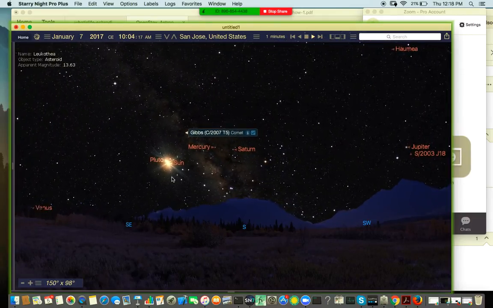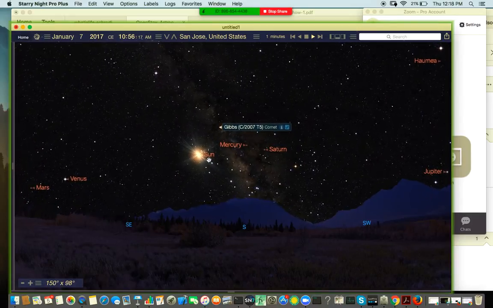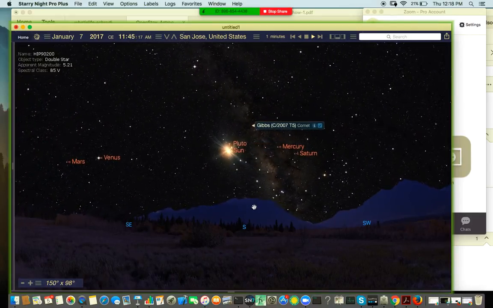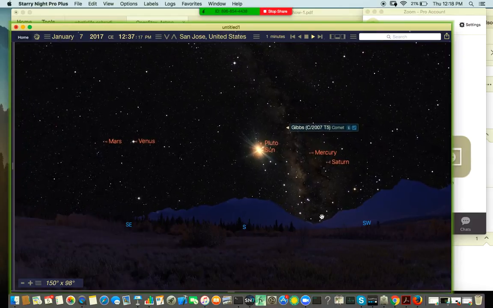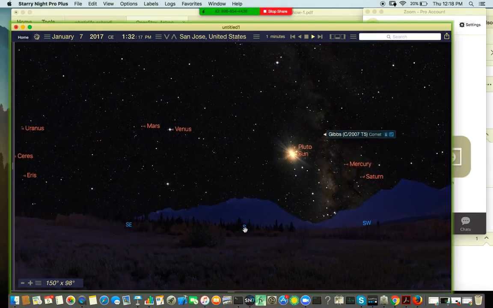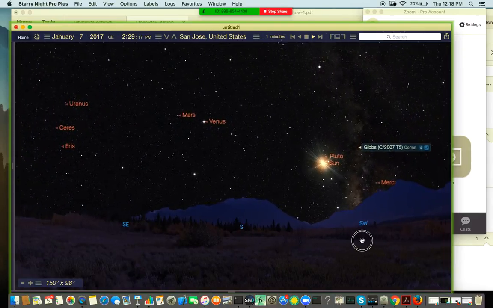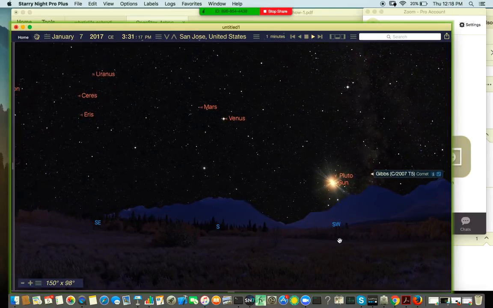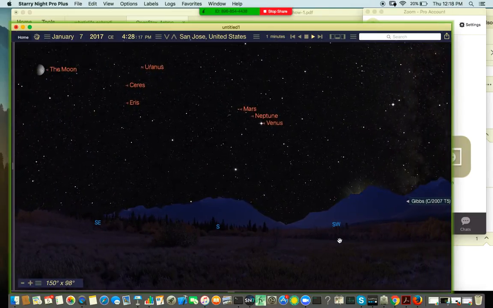So they reach maximum altitude. The sun reaches maximum elevation with respect to the horizon when it crosses due south, and then it sets in the western sky.